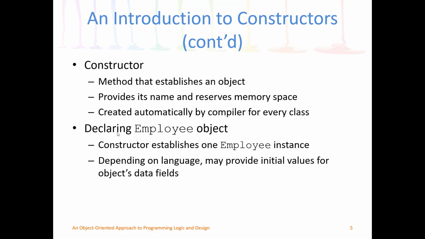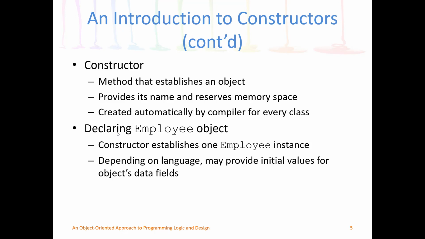One of the things that we want to talk about now are called constructors. These are special types of methods. These are the methods that create, instantiate, establish, whatever word you want to use, an object.